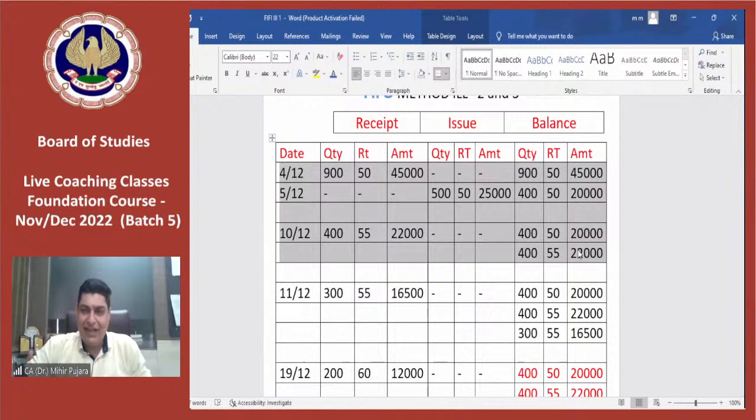Can you tell guys how till this point FIFO or LIFO will remain same? Why? Either I follow FIFO method or LIFO method, it will remain same till this point. Can you tell me why, guys? It is FIFO method, right?